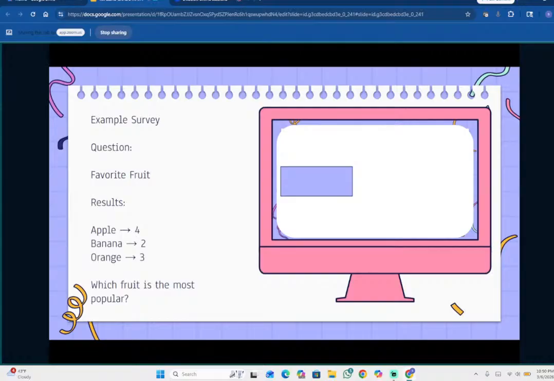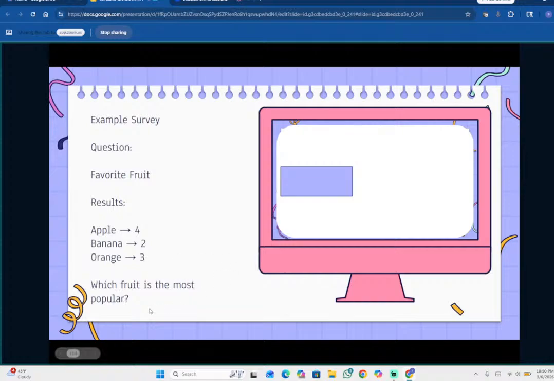After finding the totals for each fruit, we can see the results displayed like this. So we have 4 votes, 4 people for apple, 2 votes for bananas, and 3 votes for orange.